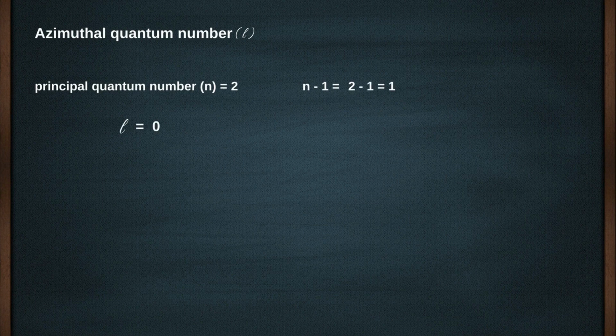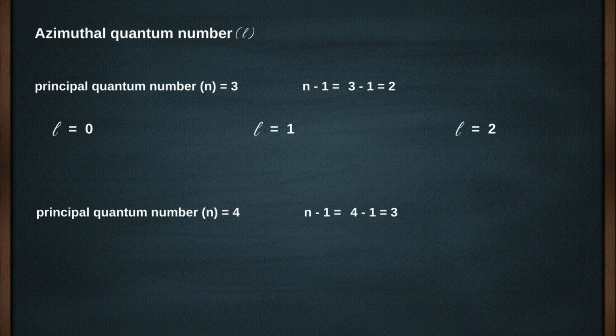Thus the azimuthal quantum number adopts 2 values: L equals 0 and L equals 1. When the principal quantum number is 3, the azimuthal quantum number has 3 values: L equals 0, L equals 1, and L equals 2. When the principal quantum number is 4, L equals 0, 1, 2, and 3.